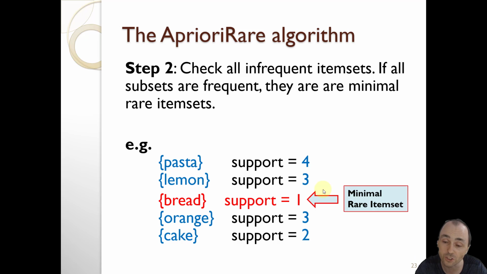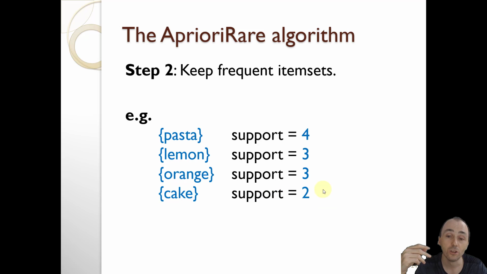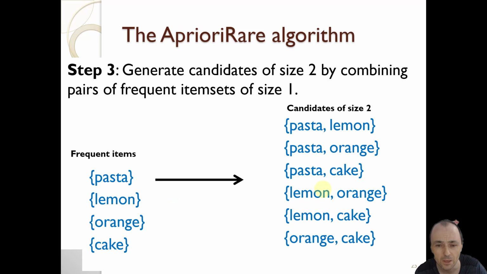Now we will continue, okay? So we keep the frequent item sets after. We have 4. Now we will try to find 2 items together, okay, 2. So what we will do, like a priori, we will combine the items together to do the pairs, okay, 2 items together.